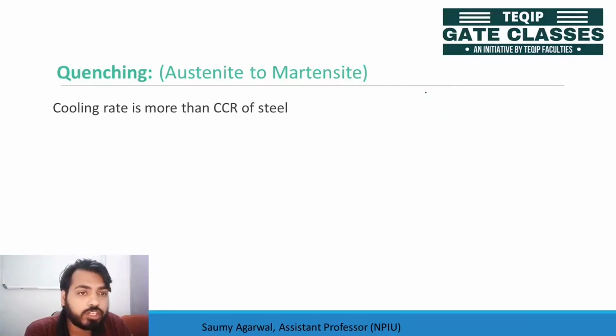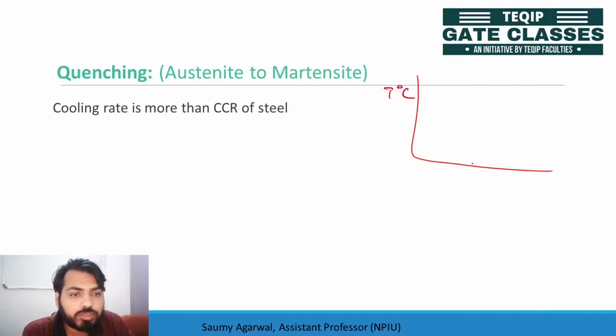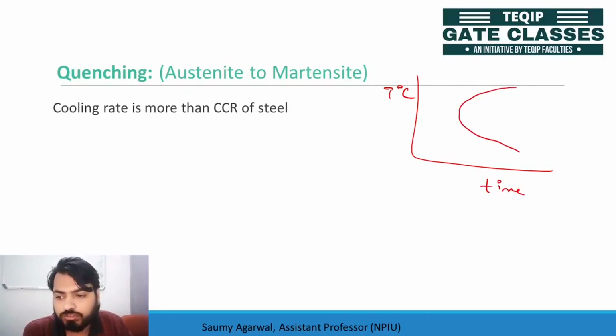The cooling rate curves look somewhat like this, where this axis is temperature and this is time. This was the nose of the transformation curve.